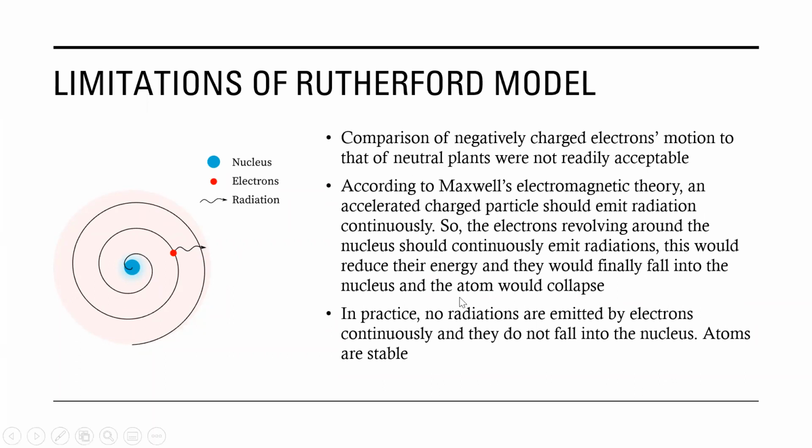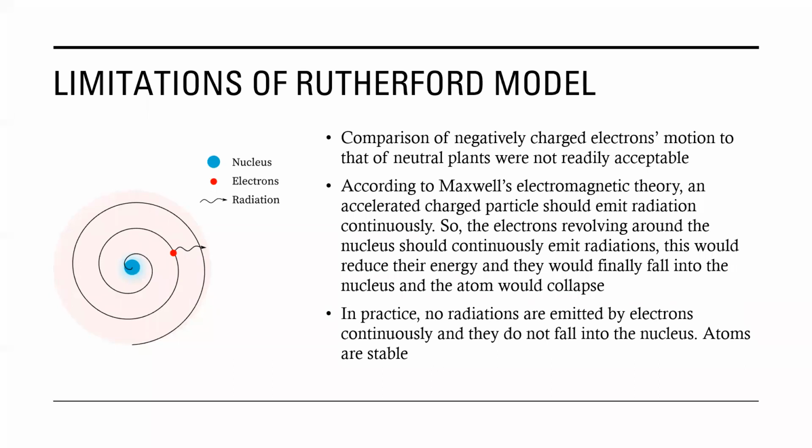We know that the atom is stable, right? This doesn't happen. We cannot find continuous emission of radiation from an atom. But we find that electrons emit radiation whenever they jump from one orbit to another. There are sometimes radiations emitted by an atom, but not continuously. So according to Rutherford's model, the electrons cannot just orbit around the nucleus randomly.